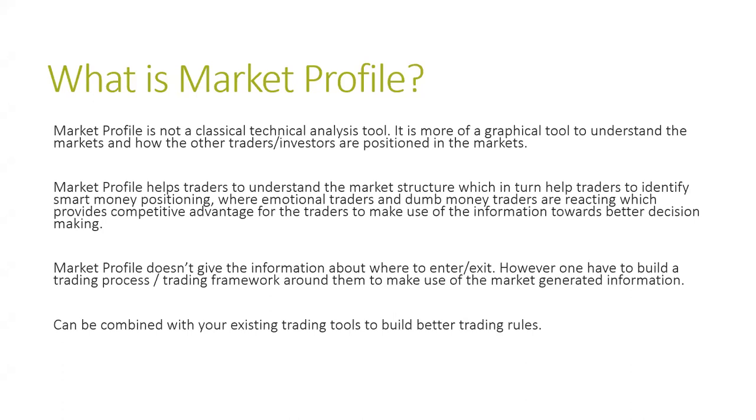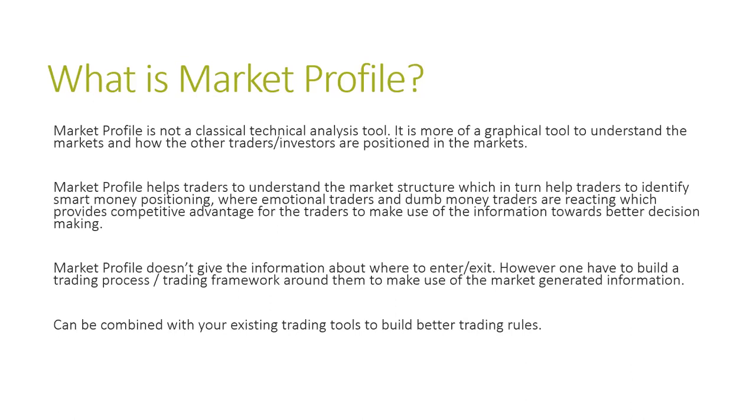So if I try to understand what is happening in the markets compared to other traders, I might have a competitive advantage. Because many traders in the market are looking for breakout levels, breakdown levels, resistance, and support. Market profile never talks about support and resistance, even though there are certain places where you can derive those things.